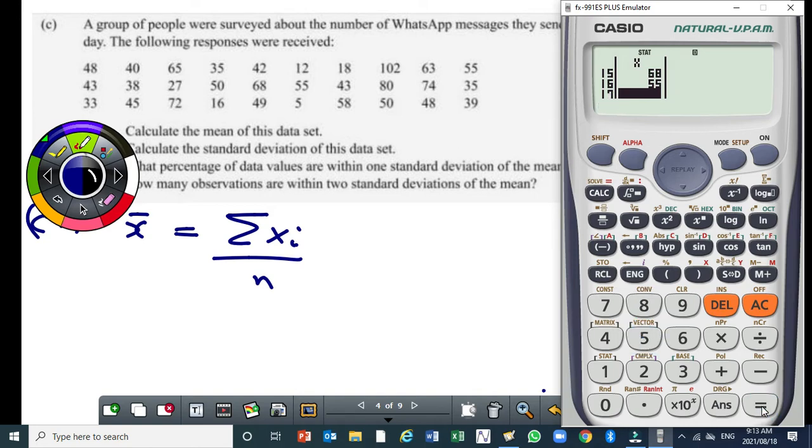And please, when you are doing this, your mind must focus, because you can make a mistake of not entering a value and your answer will end up being incorrect. So you need to concentrate. You press AC.